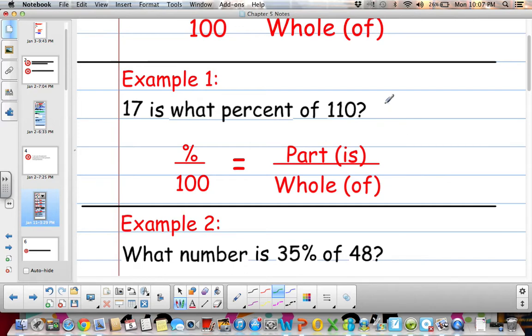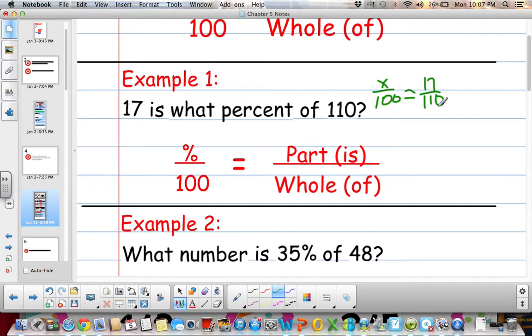Our new proportion then is going to be x over 100 equals 17 over 110, because we are trying to figure out what percent 17 is out of 110.